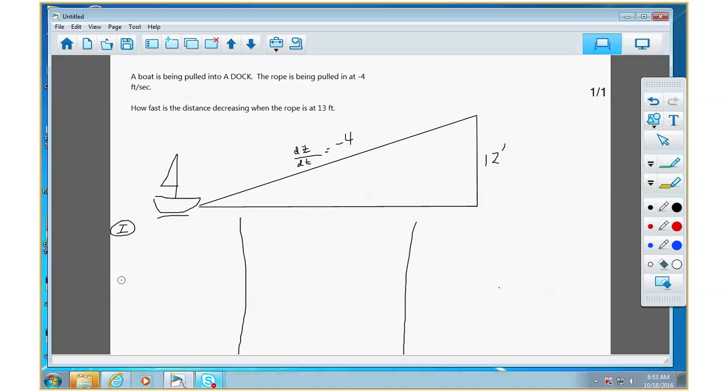All right, we got 13 as the hypotenuse, so 13 squared equals 12 squared plus x squared. 13 squared minus 12 squared is equal to x squared. x squared is equal to 169 minus 144, 25.